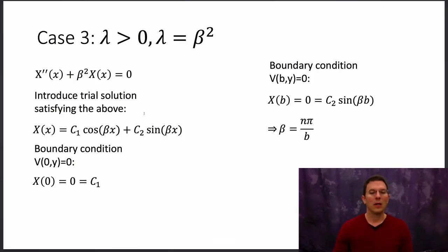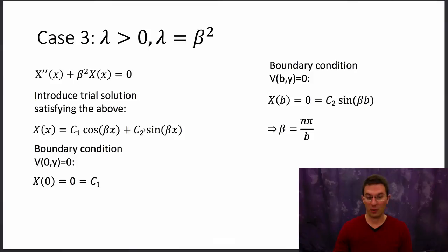Now we have a second boundary condition involving the x-coordinate, which is that when x is equal to b, the potential also has to vanish. So now we substitute in b here and say that the function must be 0. So X of b equal to 0 implies C2 times sine of beta times b must be equal to 0. Well, if we set C2 equal to 0, we're going to end up with a trivial solution again.